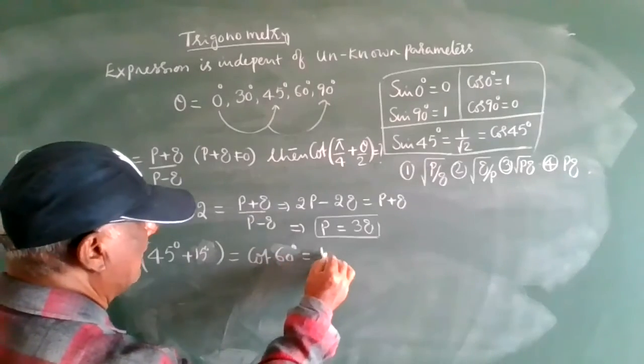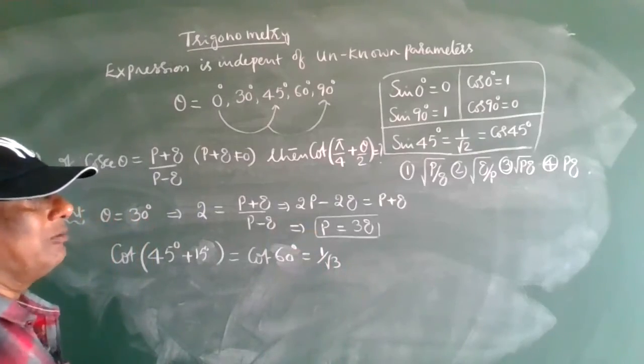Cot 60 degrees value is 1 by root 3. So we get 1 by root 3.